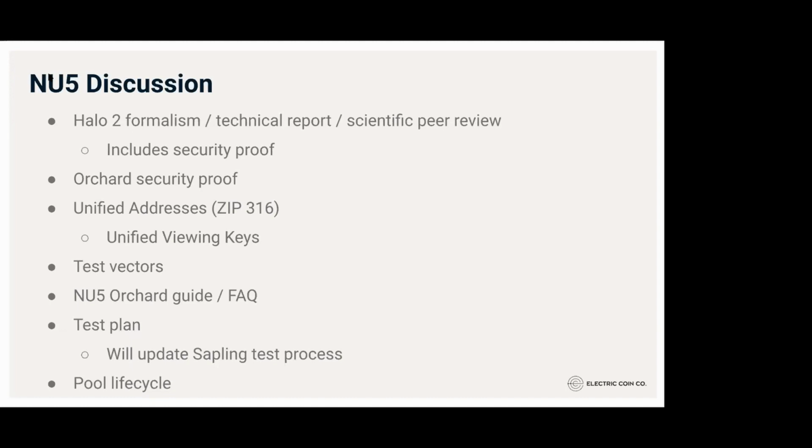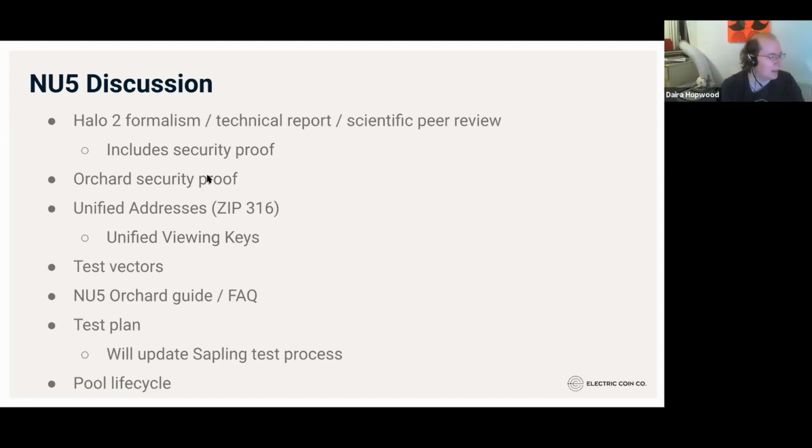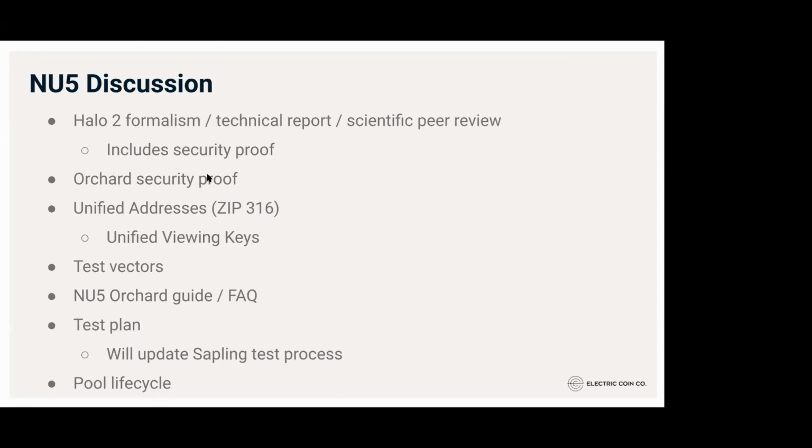But yeah, our goal, for many reasons, has been to ensure that Orchard is as similar as possible to Sapling. And where we differ, whenever possible, we try to write a security proof for the changed portions.